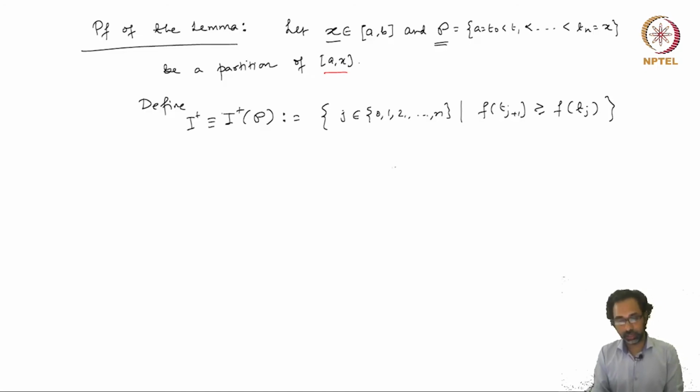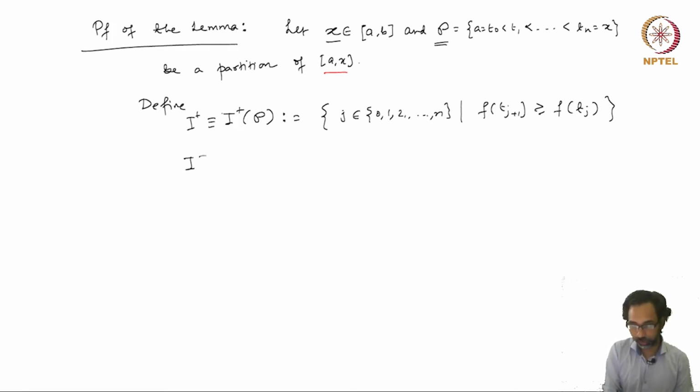So these are the subintervals of the partition on which f has a higher value at the rightmost endpoint than at the left endpoint.